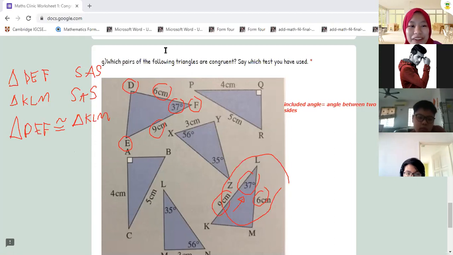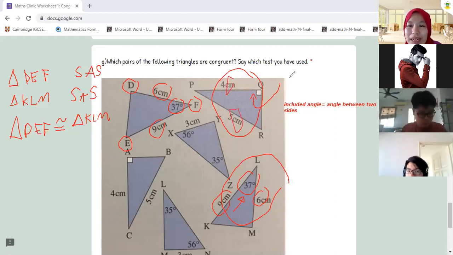Okay, so can we check for PQR? What is the PQR triangle? Do you have 90 degree? It is 90 degree. Do you have the hypotenuse? 5 cm is the hypotenuse. Do you have the side? So PQR is RHS information, right?